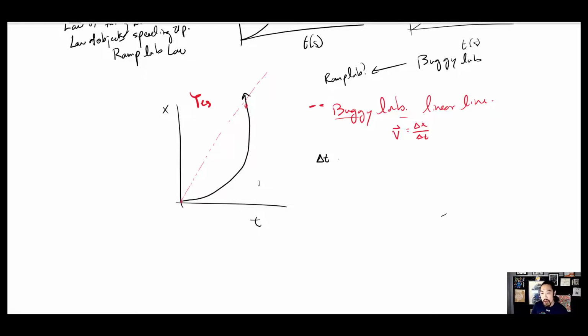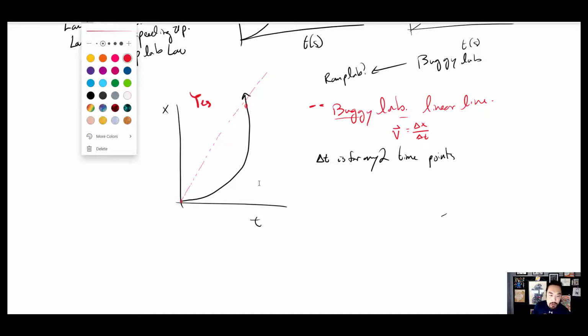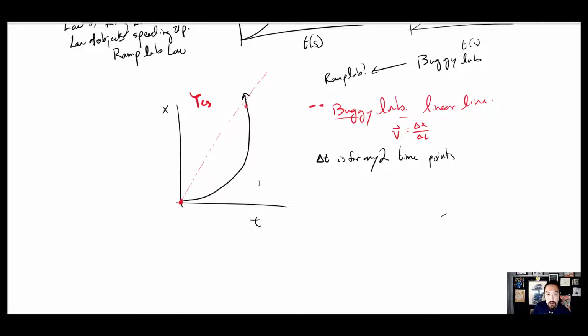Delta t is for any 2 time points. If you're wondering, what were our 2 time points, Mr. Lee? It was this point right there and that point right there. So any 2 time points was our delta t, and we just connected the line, and we know that that line is the average velocity.